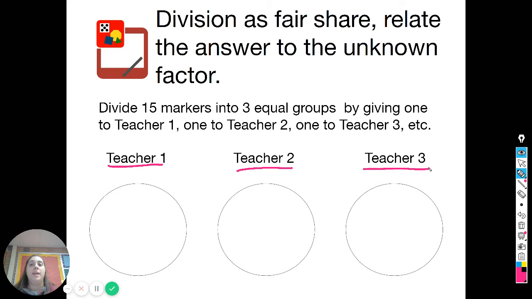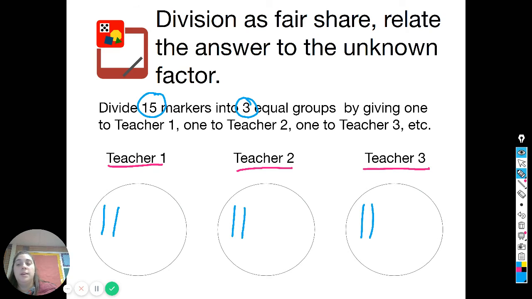Okay, so let's go ahead and compare your answers to mine. We have 15 markers total, and we are splitting them into 3 equal groups. So let's do that, 1 marker at a time. 1, 2, 3, 4, 5, 6, 7, 8, 9, 10, 11, 12, 13, 14, 15.